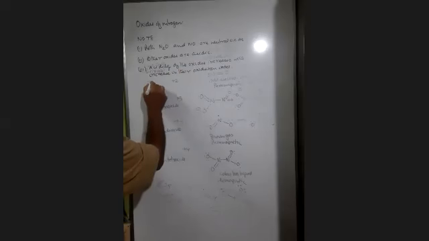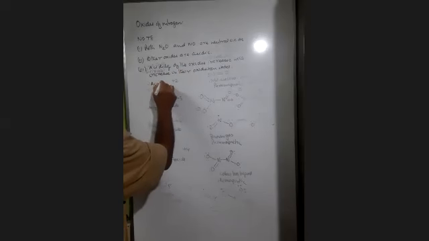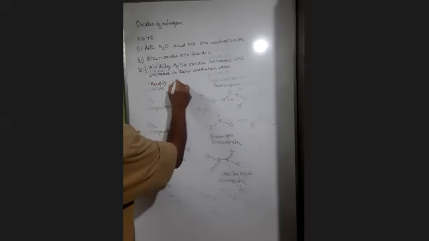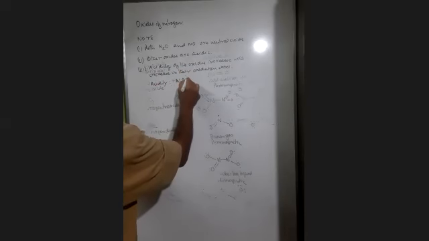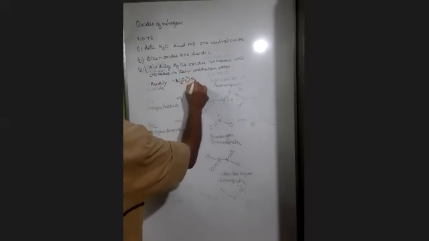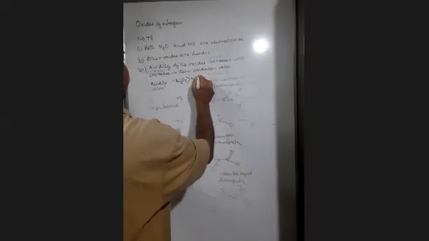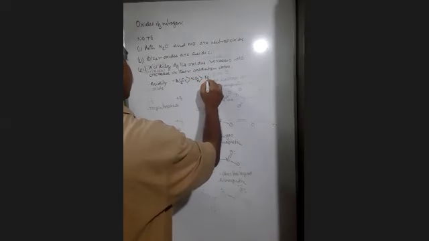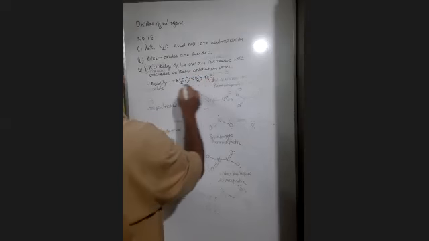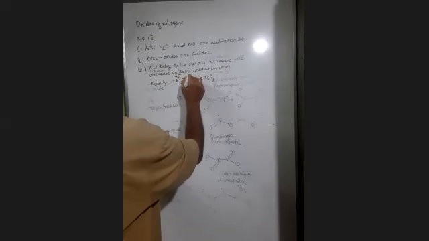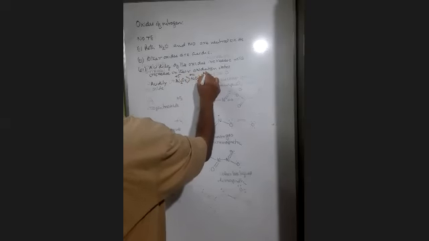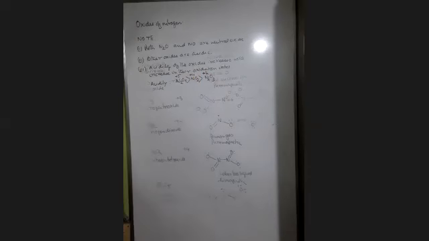That is, if I write here acidity, N2O5 is more acidic than NO2, then N2O. See, this is plus 5, this is plus 4, this is plus 3.